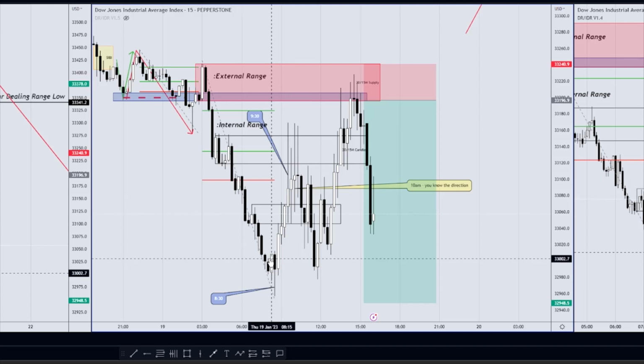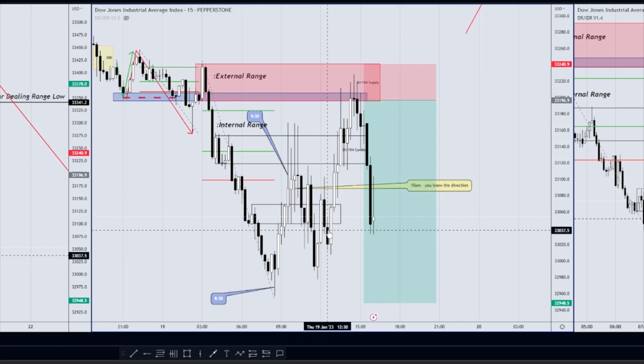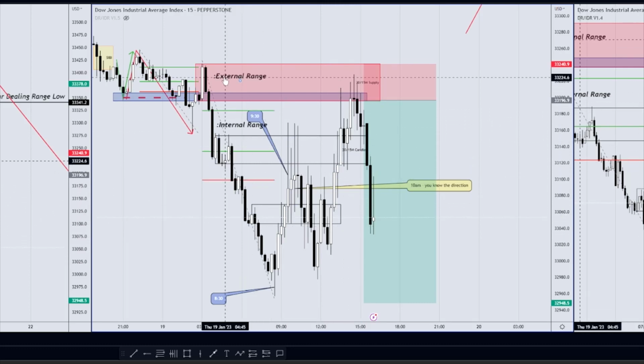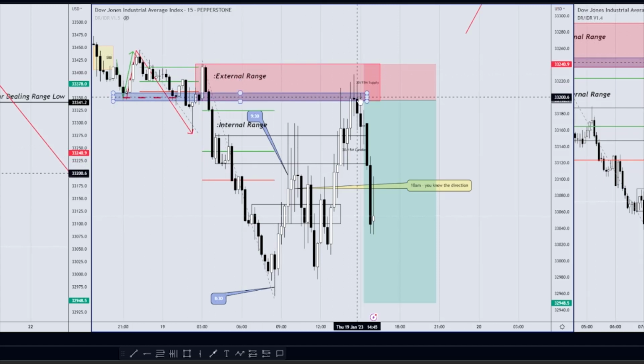And then as we hit this area of demand, and this is 12 o'clock going into the afternoon session, we have bullishness come back in until we hit the supply back at the top here, formed by this external range. You can see that we've got an evening star just by that, and we could have got back in on the retest.